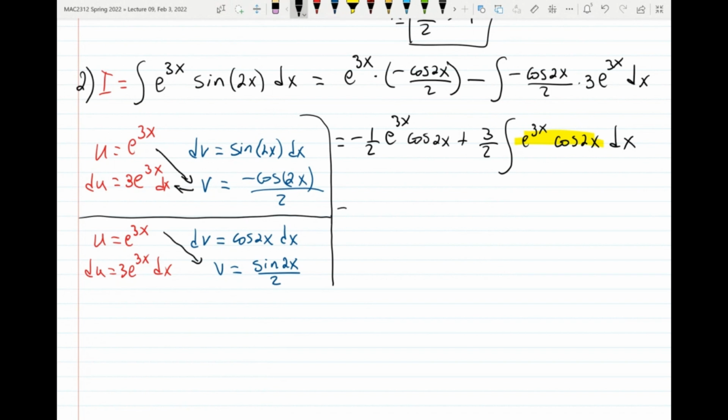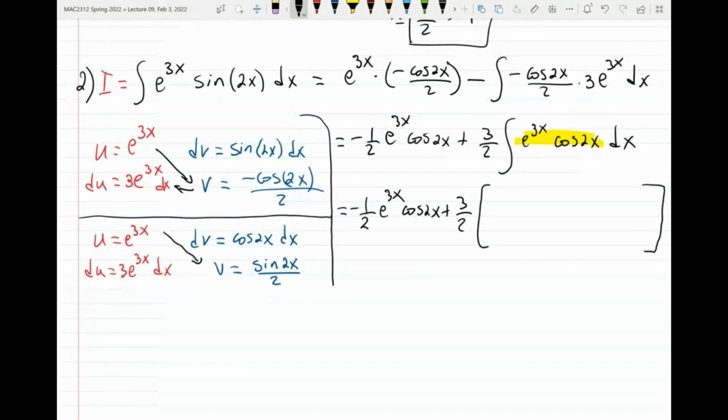Okay, so we need to write here negative 1/2 e to the 3x cosine of 2x plus 3/2. Now be careful. You need to open up a bracket, right? Because we need to put our integral inside that bracket because the 3/2 is multiplying the whole thing, okay?